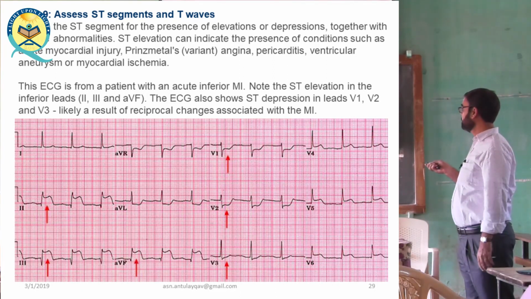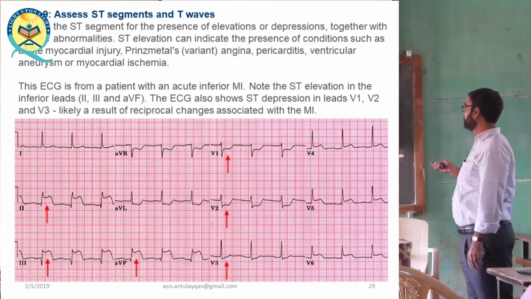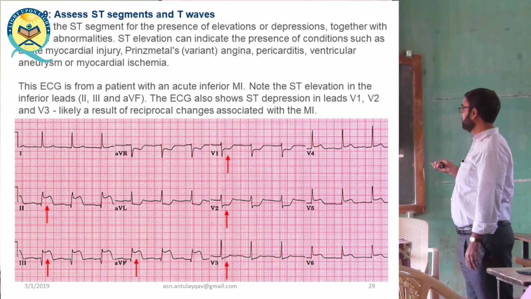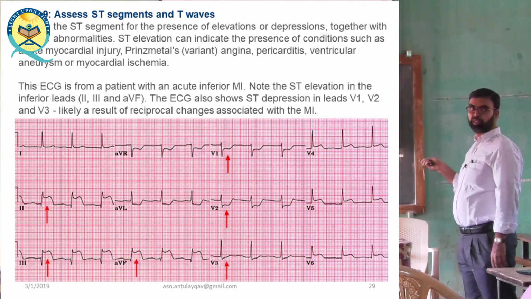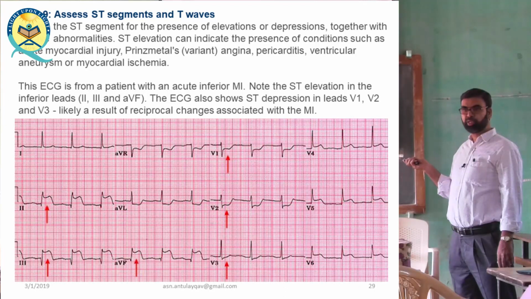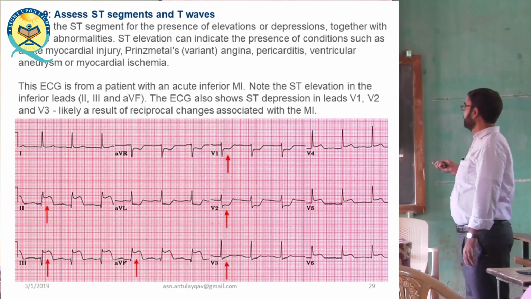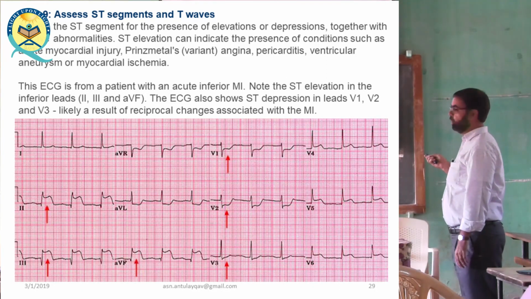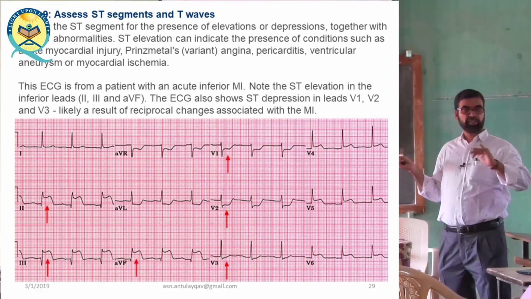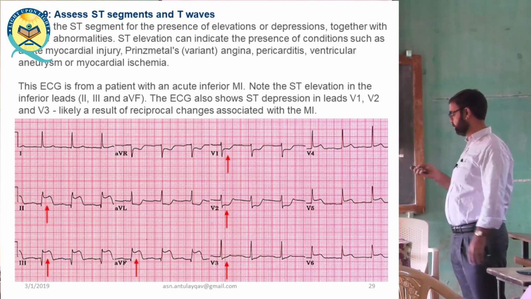So the ST segment is elevated, and here you see the ST segment is depressed in aVL. These are reciprocal changes that occur along with ST segment elevation. Normally the ST segment is isoelectric.